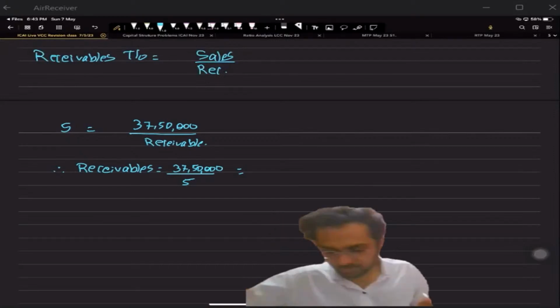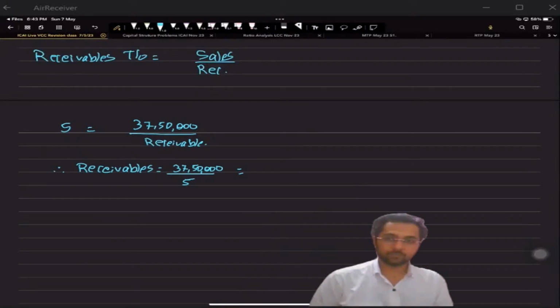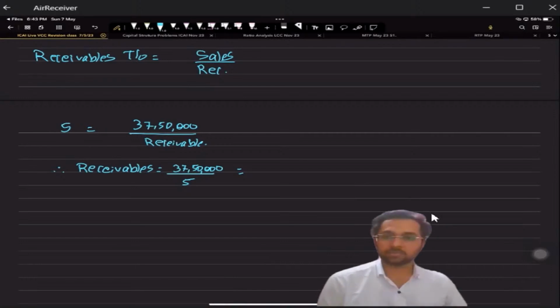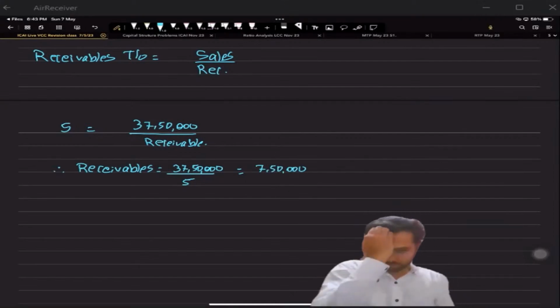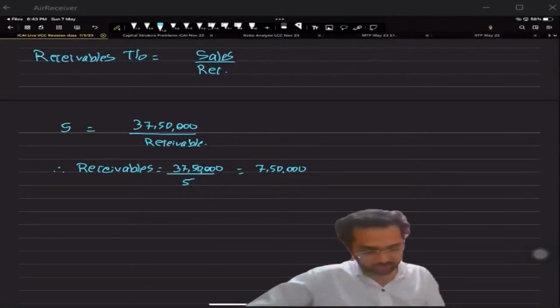This amount is 7 lakh 50,000. Okay. Receivables is done, 7 lakh 50.